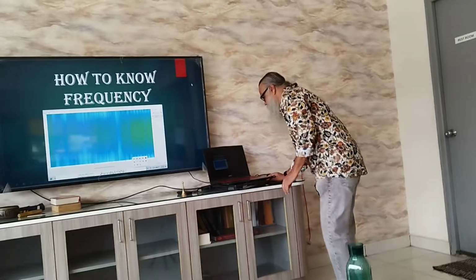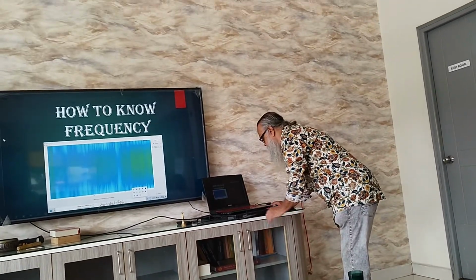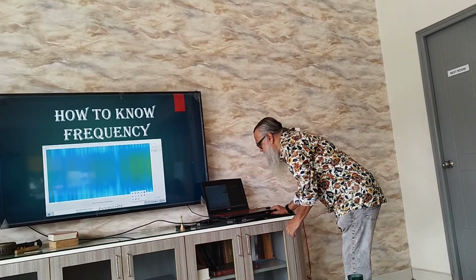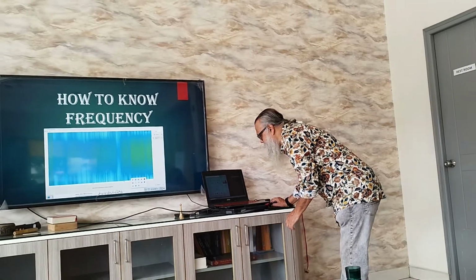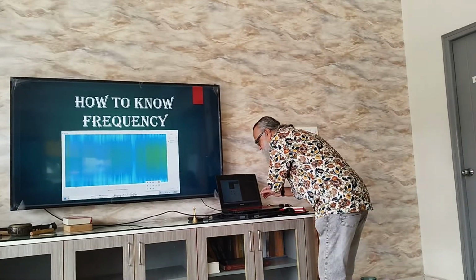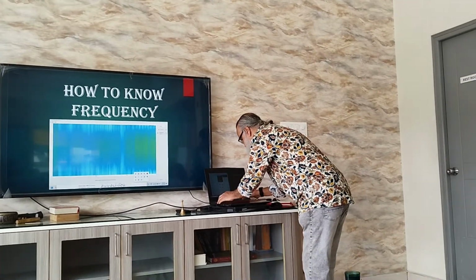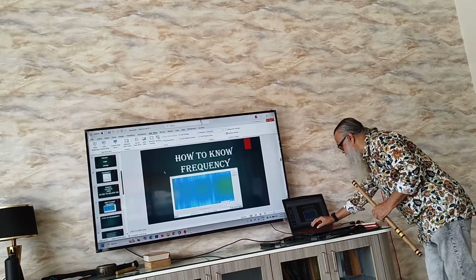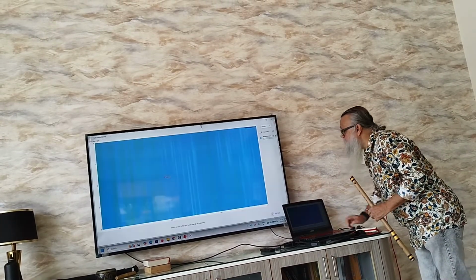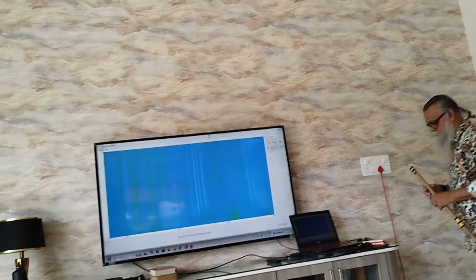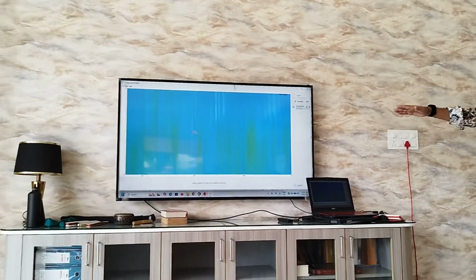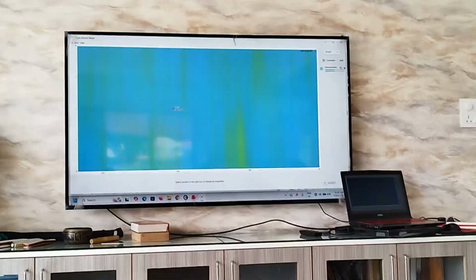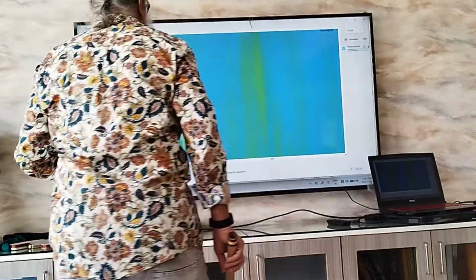Now I'm showing you an app here itself, and with that I also explain what is musical sound. Okay, now we can stop. So this is continuously showing whatever sound is coming from outside.